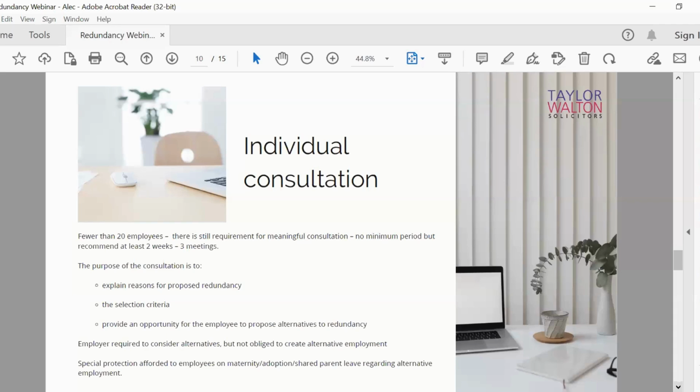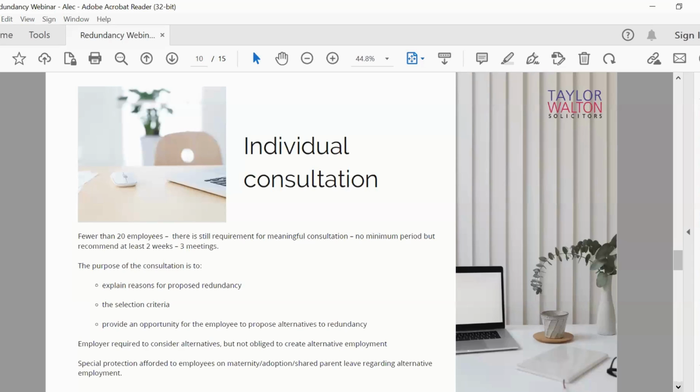Now, the employer is not required to create alternative employment, in the sense that would defeat the object of the redundancy process. But if there are vacancies available, then they should be notified to the employee that there are other jobs, maybe other jobs available. Please also note that there is special protection offered to employees on maternity leave, adoption leave, and shared parental leave regarding alternative employment.